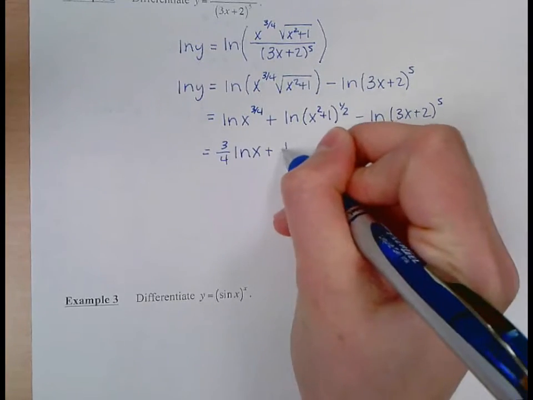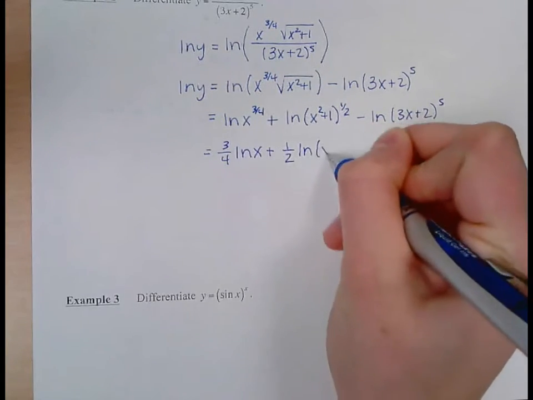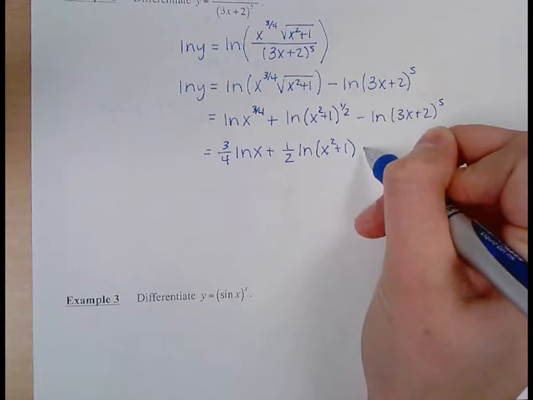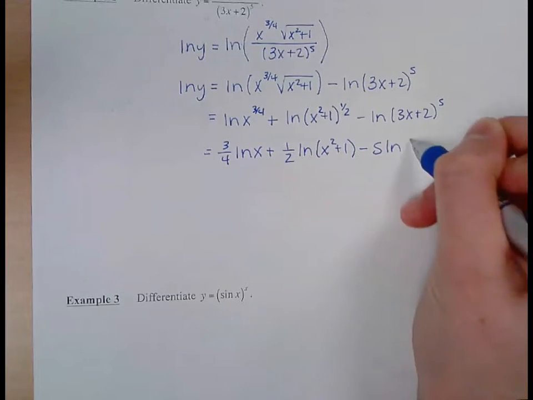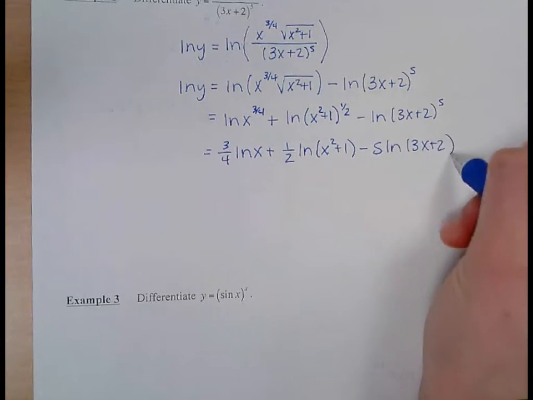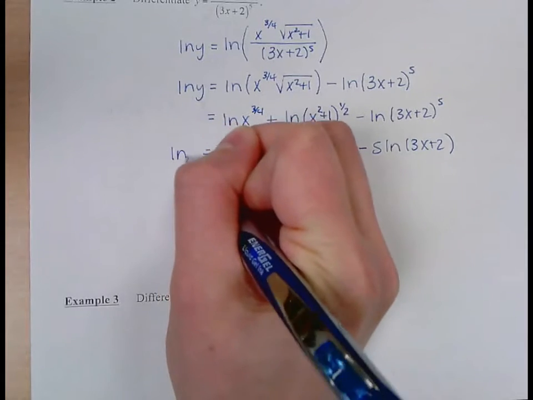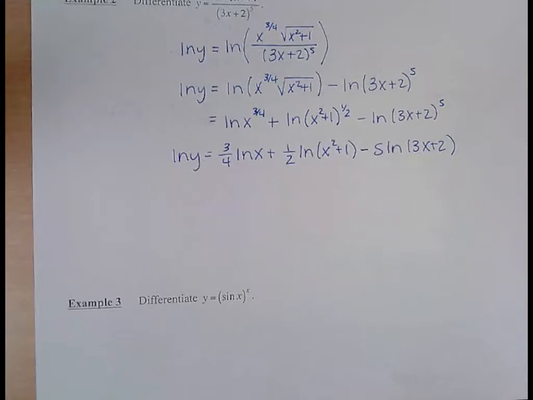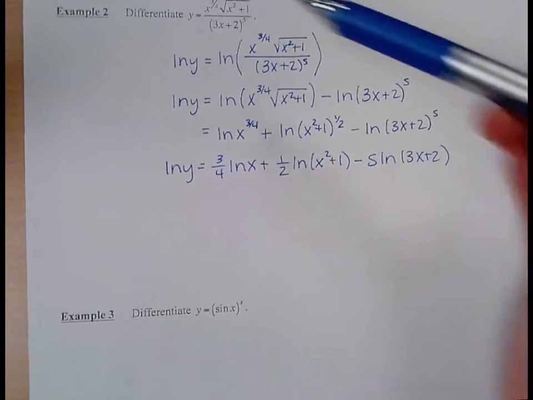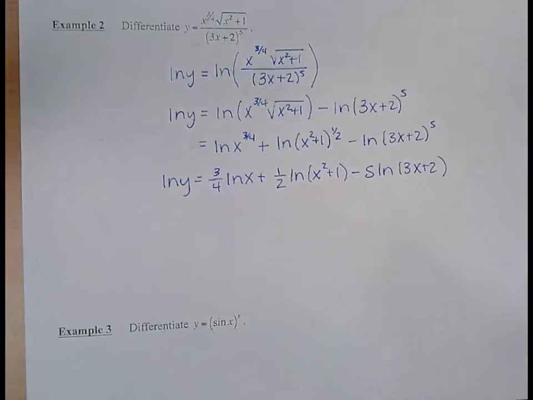And then plus 1/2 natural log of x squared plus 1 minus 5 natural log of 3x plus 2. And that's still equal to natural log of y. So I haven't taken a derivative yet, but now when I do take the derivative of every term, I'm still using some chain rules, but hopefully this looks less complicated than what we started with.